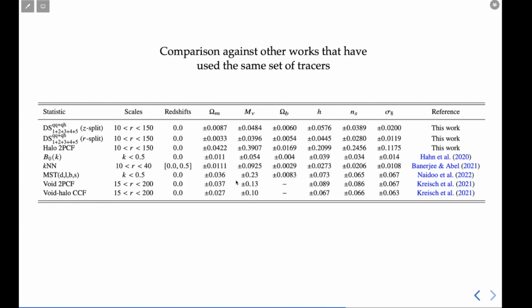And you can see how the constraints are much better. Especially if you look at the sum of neutrino masses, we're getting really good constraints compared to the two-point correlation function. So this is potentially a very accurate test of massive neutrinos. But again, this is a Fisher forecast, so we need to actually make sure that this works when we move to actual observations.